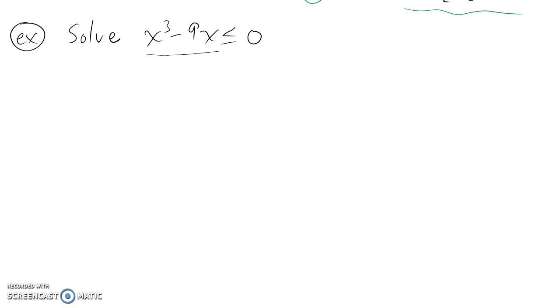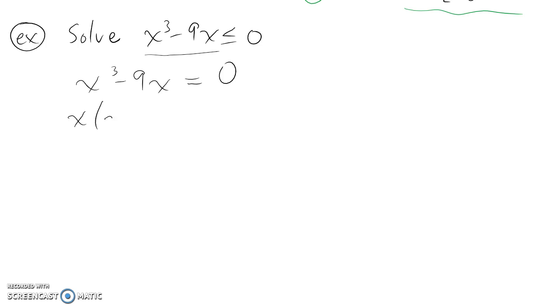So what we are going to do is solve it similarly to how we would solve a polynomial equation. In fact, we're going to solve the related polynomial equation. What that means is just to replace the inequality sign with an equals.